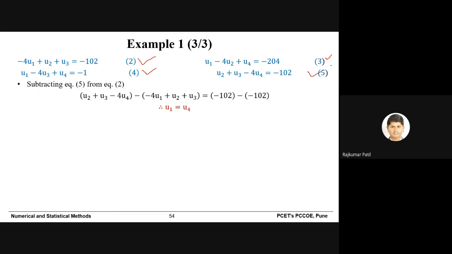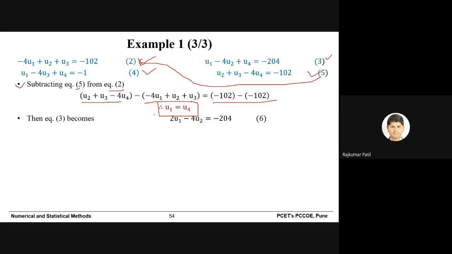Otherwise, you just check these equations and you can subtract equation 5 from equation 2. So subtract this equation, that is 5 from 2, and simplify. You will come to know that u1 is equal to u4. This may be your observation when you subtract equation 5 from 2. Then when u1 becomes equal to u4, you can put that in equation number 3 and simplify.